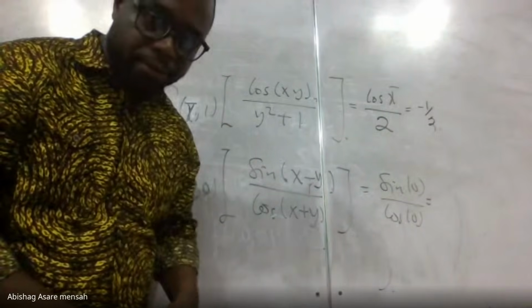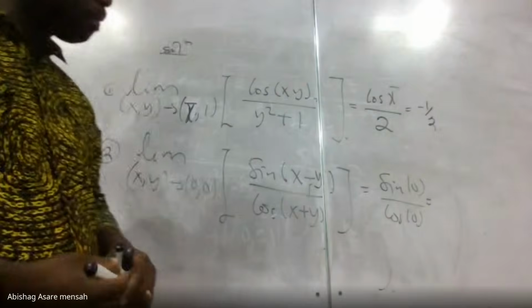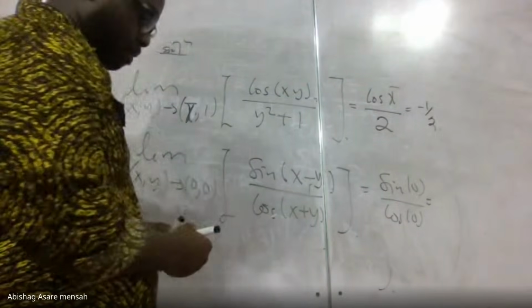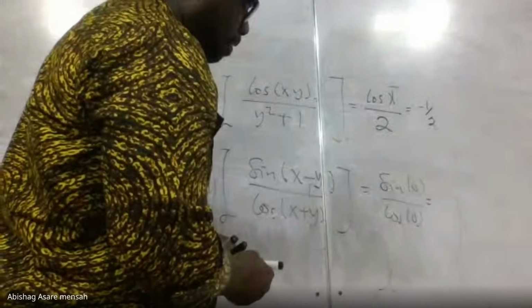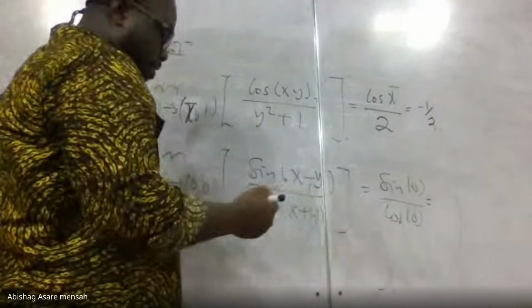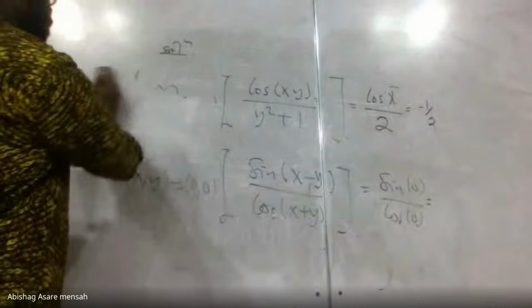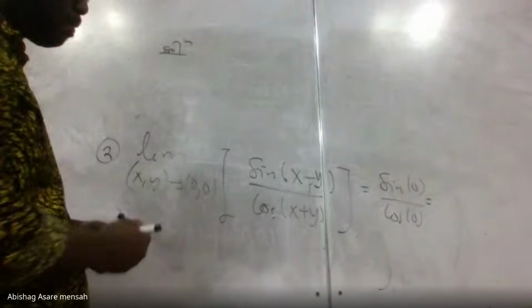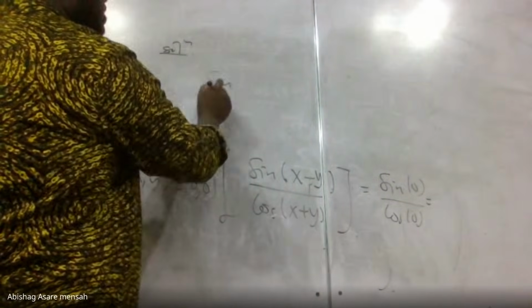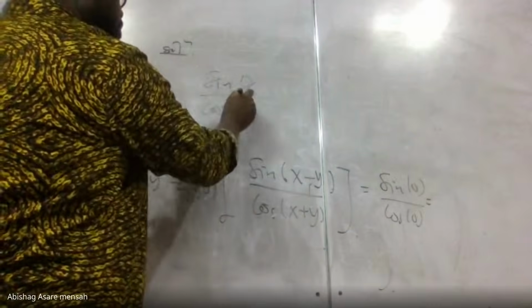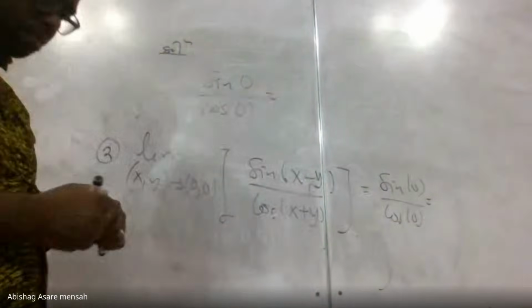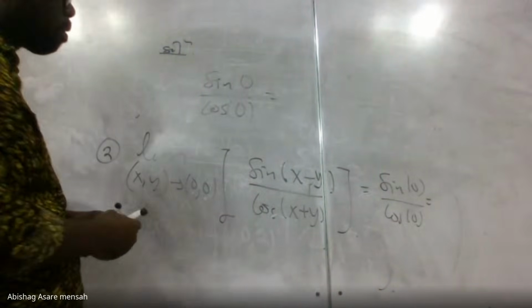What is sine 0? Zero. I have sine 0 over cos 0.